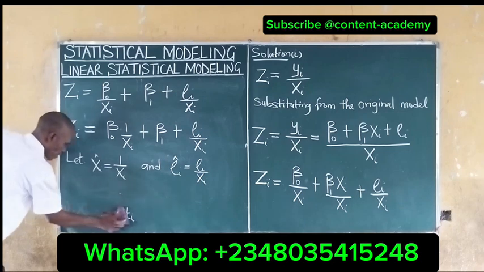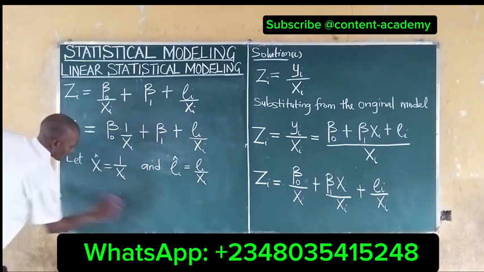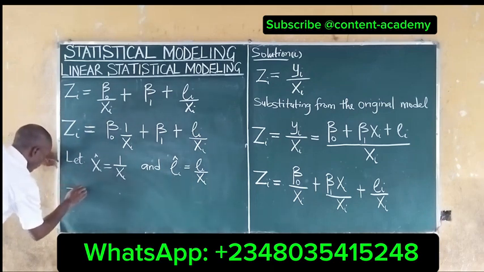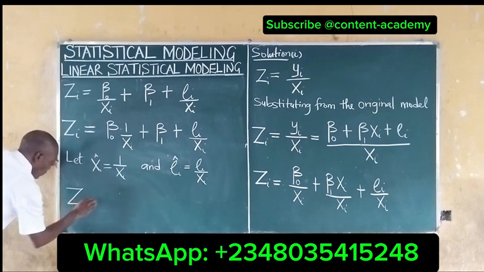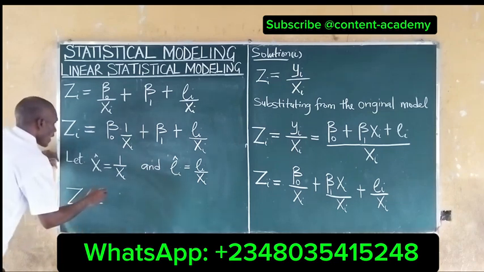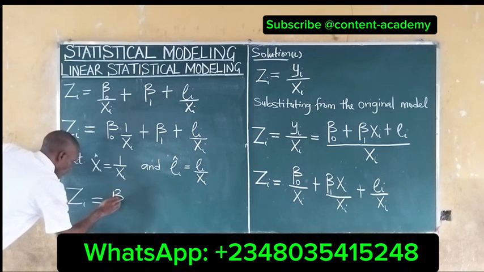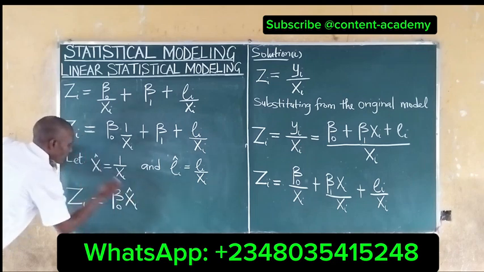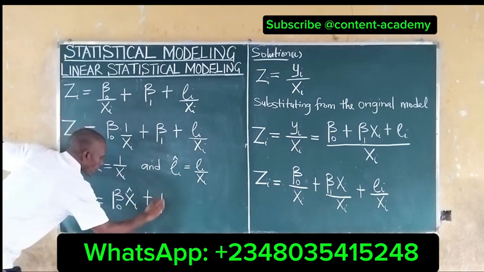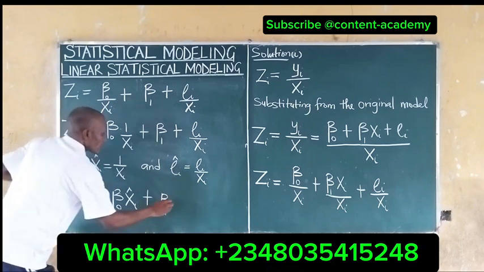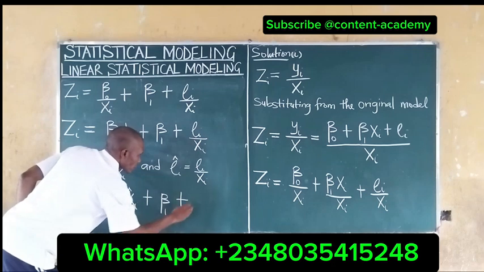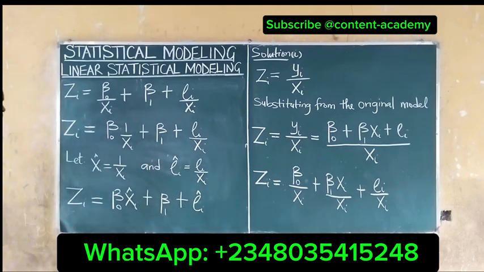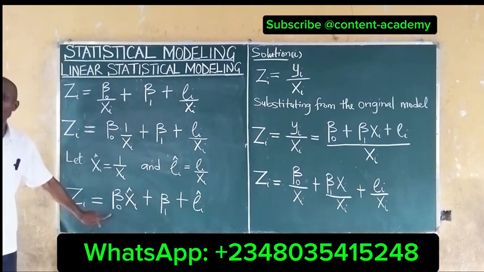So let's delete this, we'll rewrite it back. It then means that our model for z can be written as b naught x_i estimate plus b1 plus e_i estimate. So we can write our model to be this.